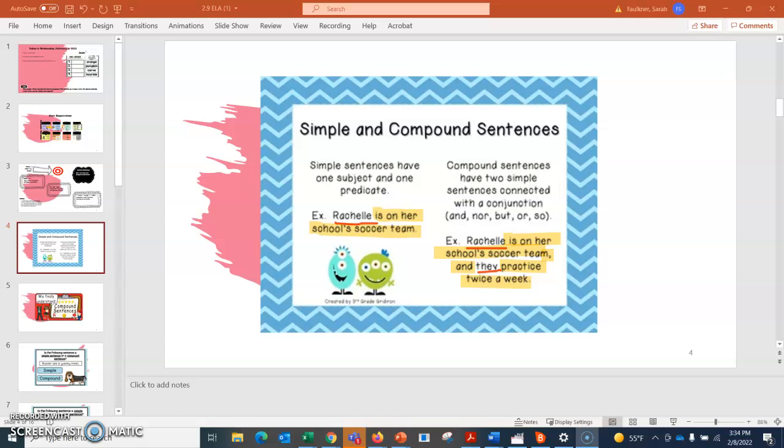We also have the comma and the coordinating conjunction. We want to make sure that both of these parts of this sentence can stand alone. So if I say Rochelle is on her school soccer team, that makes sense. If I say they practice twice a week, that also makes sense. So this would be a compound sentence.